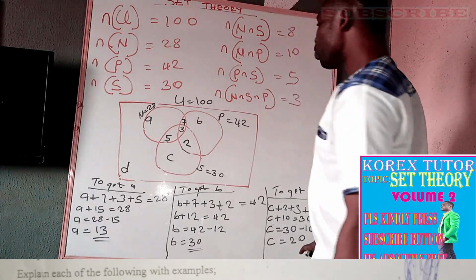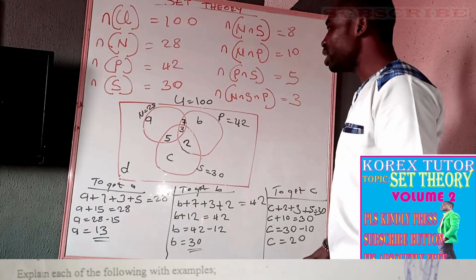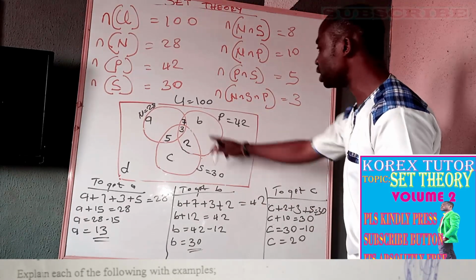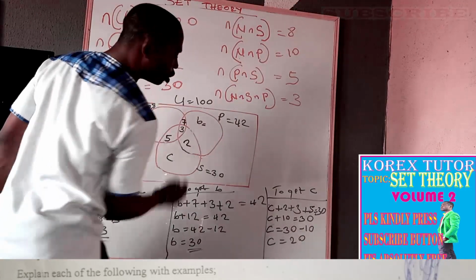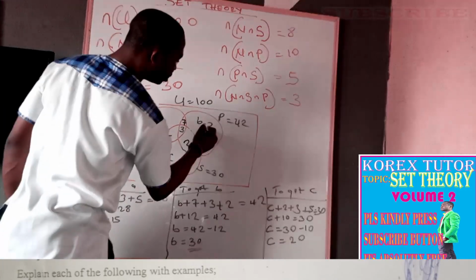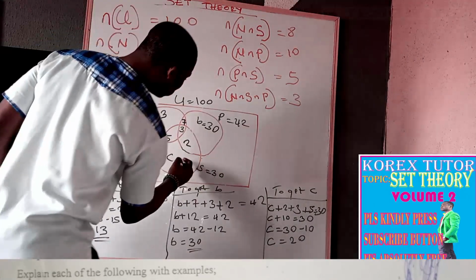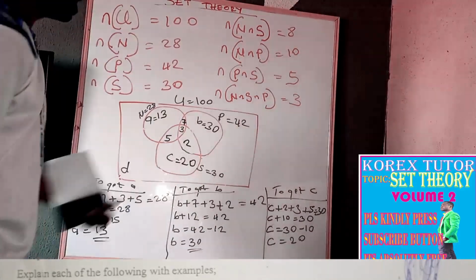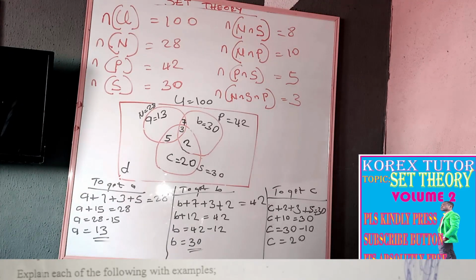So that is how to get the C as well. Once we've gotten the C, now we can solve for D as well. But before we solve for D, we have to replace A, B, C with their numbers. So B is equal to 30, A is equal to 13, and C is equal to 20. From here you can now solve for D. It's still going to be the same process.